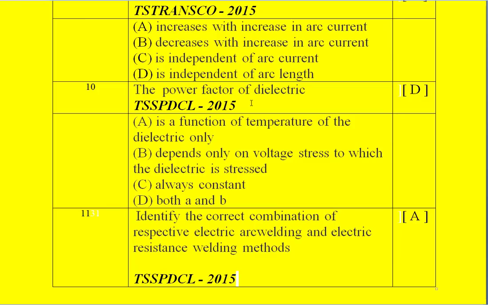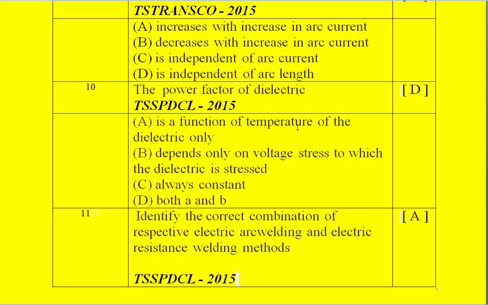Next question. The power factor of dielectric, A is a function of temperature of the dielectric only, B is depends only on voltage applied, C is always constant, D is both A and B. In dielectric heating, the power factor depends on two factors.